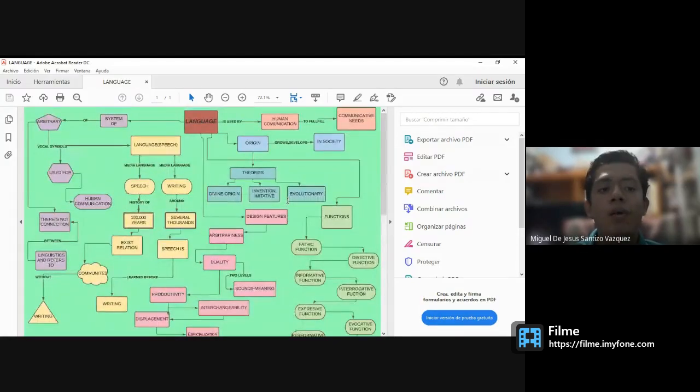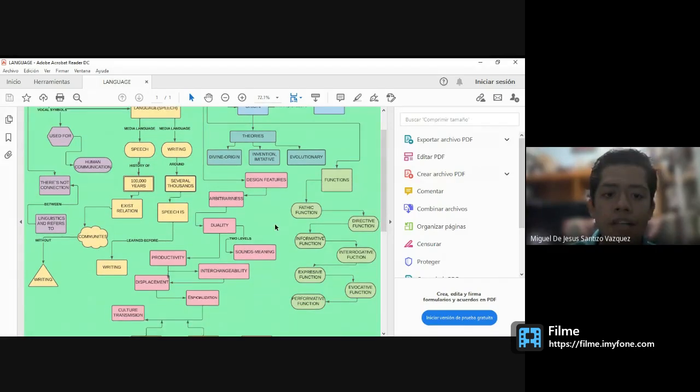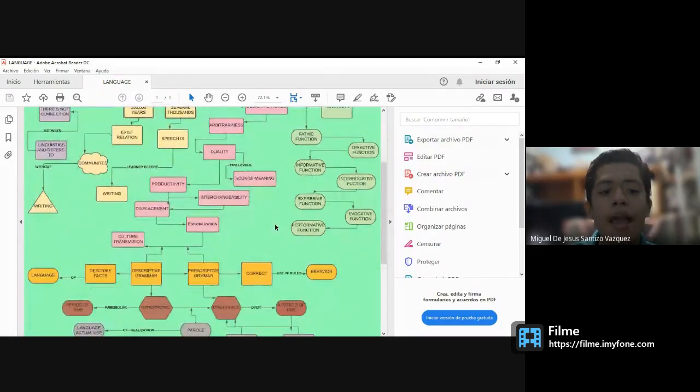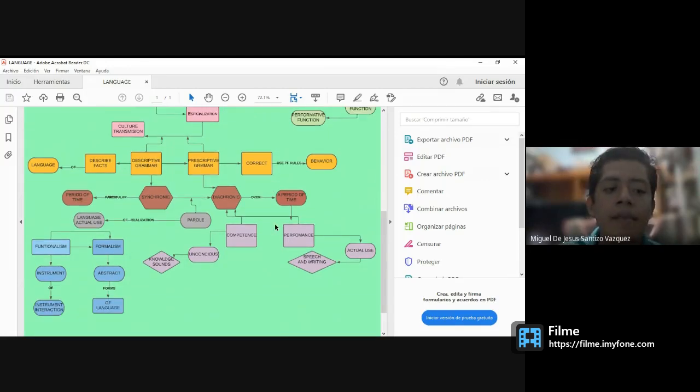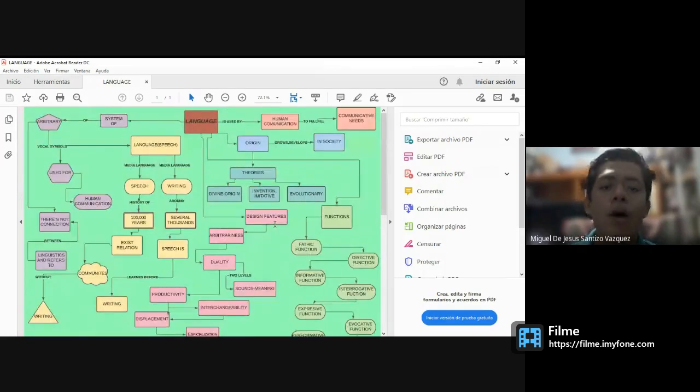We can find what language is, origin of language, theories about origin of language, function of language, design features about language, and descriptive and prescriptive grammar, and even we can find synchronic and diachronic language and functionalism and formalism about language. We are going to start with what language is.